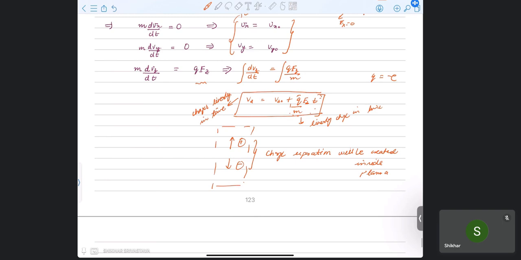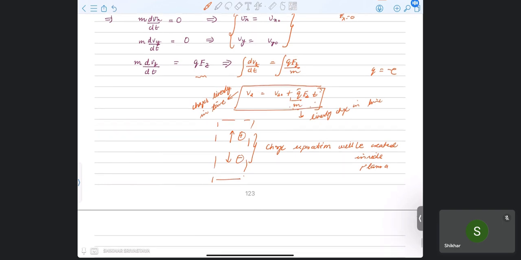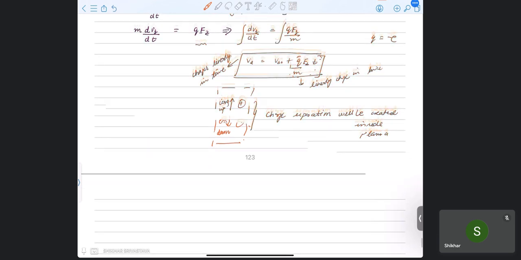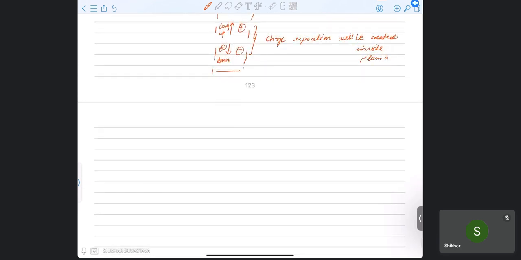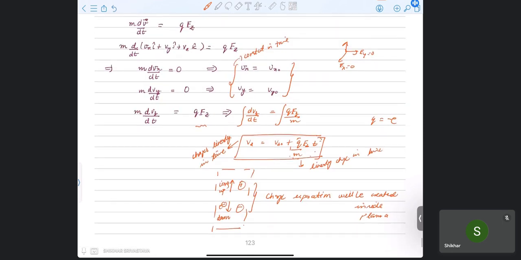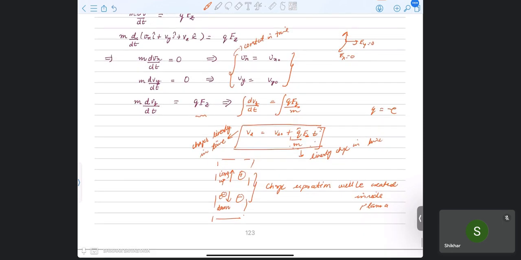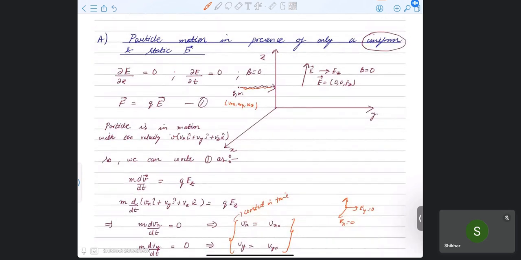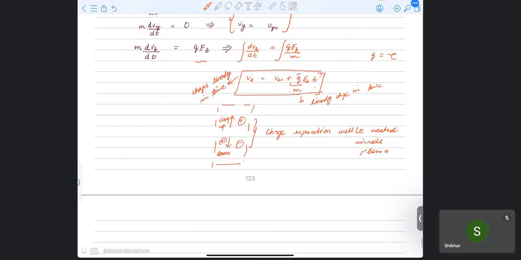Ions will move up and electrons will move down. Ions will move in the direction of the electric field, and electrons will move opposite to it. This is how we can understand the motion of particles. It will be a linear motion, so this is important: the motion is linear when you have electrostatic fields.